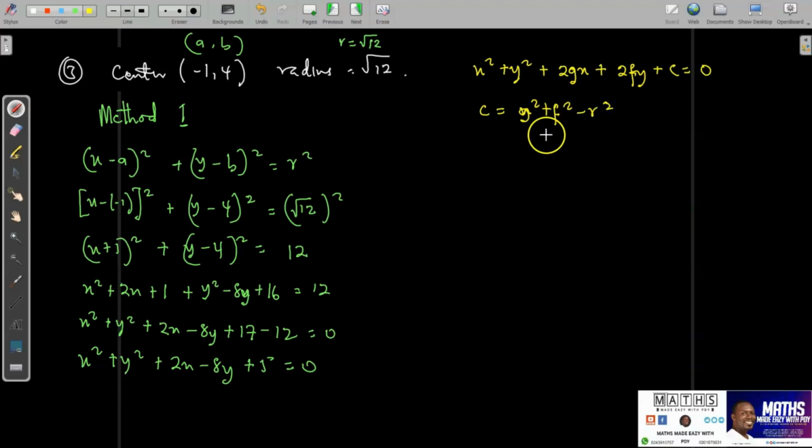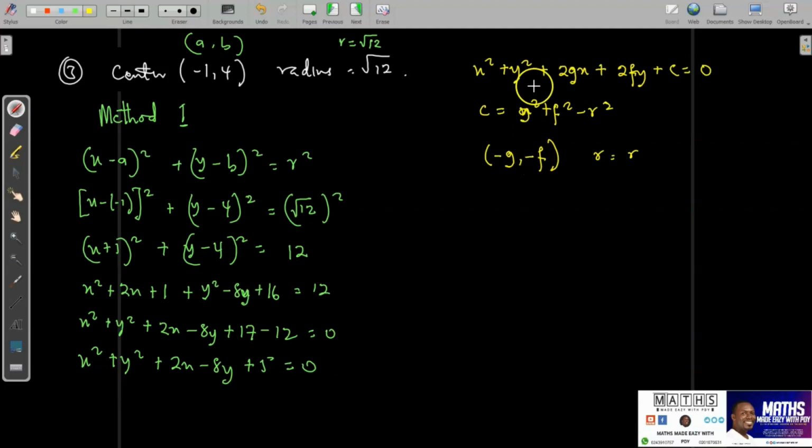Please, I hope you remember this formula. And then from here, where the center is negative g and negative f, and the radius is also known, let's say it's r. But you only apply this when your g is negative and your f is also negative.